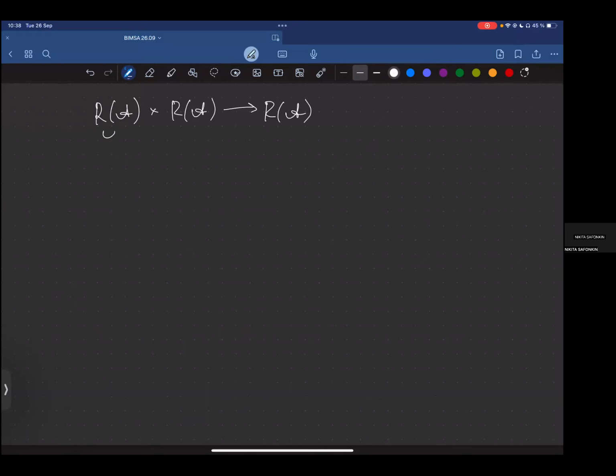We take an element here, which is a_1, etc., a_n. Let us consider decomposable tensors. And here we take b_1, etc., b_m.